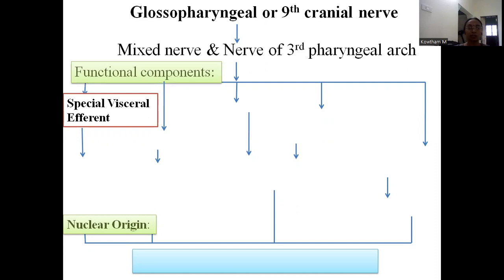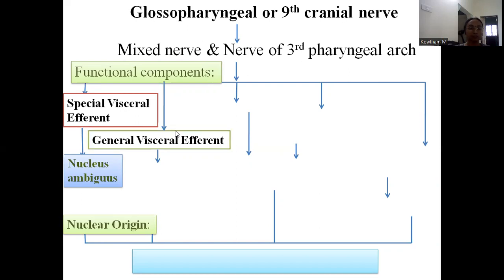The glossopharyngeal nerve has 5 functional components. The first one is special visceral efferent, and the nucleus of origin is nucleus ambiguus.